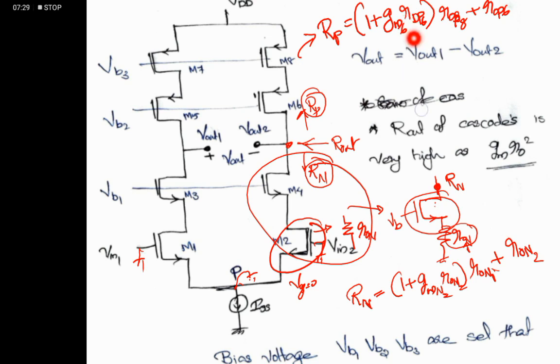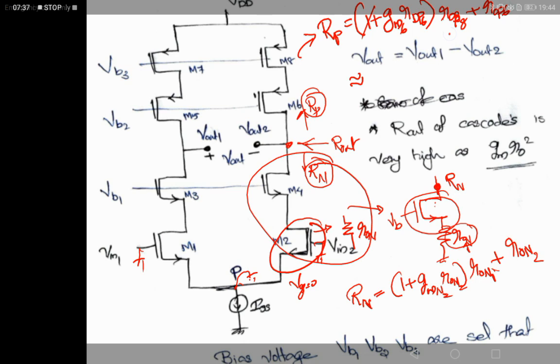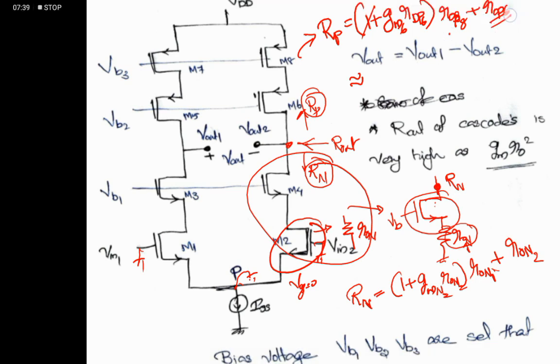These two resistances are in parallel, and we get an effective resistance. Finally, we can neglect the value of 1, and as R0 is very small compared to gm6 times R0 squared, it becomes gmP6 times R06 times R08.